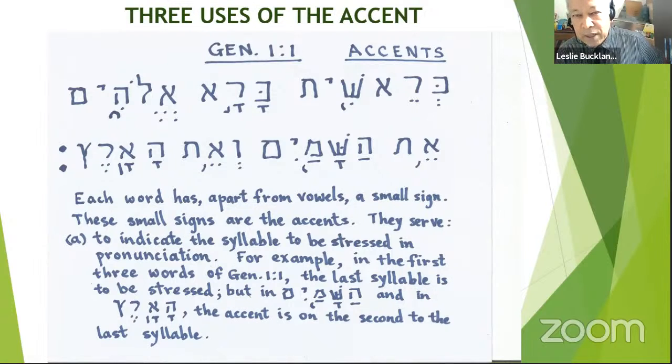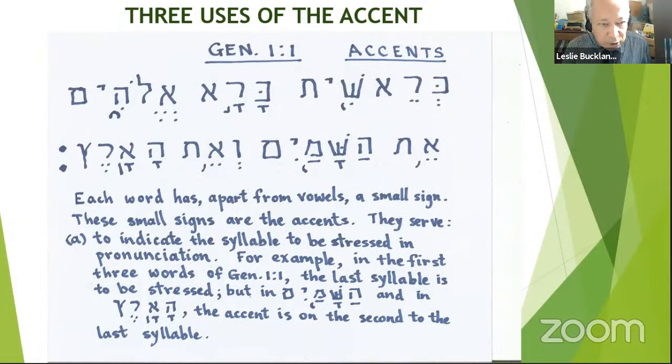So in the Hebrew Bible, the different shapes of these accents are symbols of different musical notes. And so when the rabbi takes the Hebrew Bible and looks at the accent marks, he knows what tune he is to sing. So he's not just reading, but he is singing, reading. He is chanting what is in the Hebrew Bible.